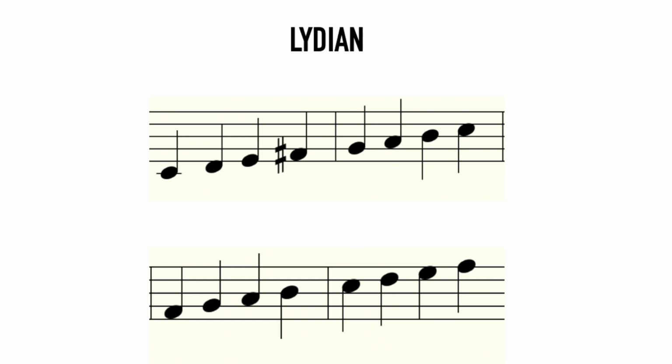Now let's go to Lydian, which is the same thing as C major, just with the sharp F. So if you take a major scale, just move the 4 a half step up, and you have Lydian. Or we could think about it as playing the same notes as the major Ionian scale, but starting on the 4th degree. So here's C Lydian. And here's F Lydian.